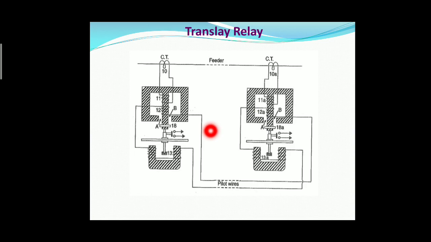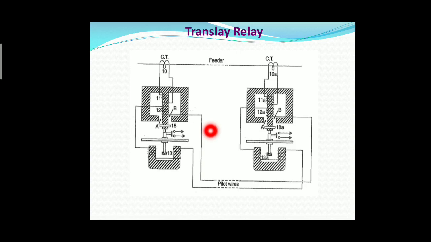By using this translay relay we do not require any special arrangement, and in the case of external faults, zero current will be flowing through the relay coil and the relay does not operate. But in the case of a voltage balanced differential relay, the relay coil maloperates.